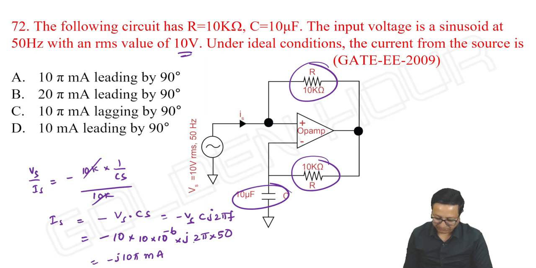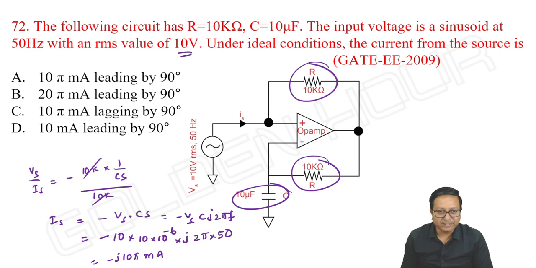Okay. 10 power minus 4, 10 power minus 4 can be written like 0.01. Anyway, it's minus 10 pi. Right, you can just see this. So RMS value only. The negative sign indicates that the current is lagging behind the voltage.